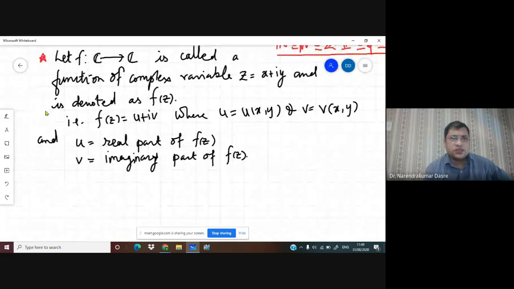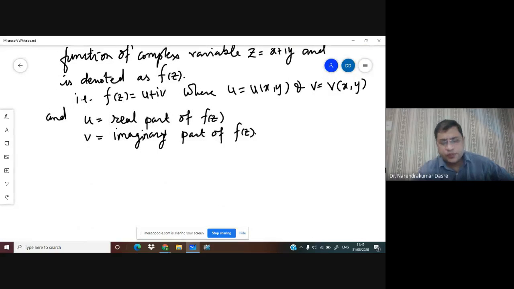And now, once we have this complex function, we have to study it as we have studied the real valued function. So first we define the real numbers, then we define the real valued function. Then we studied the calculus, the different properties of this real valued function, like what happens for the limit. Then after the limit, we have studied continuity. Then after continuity, differentiability.